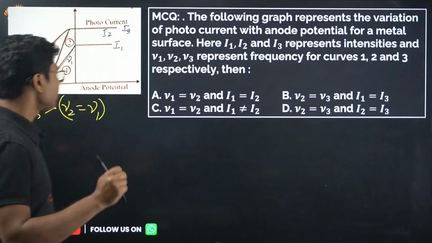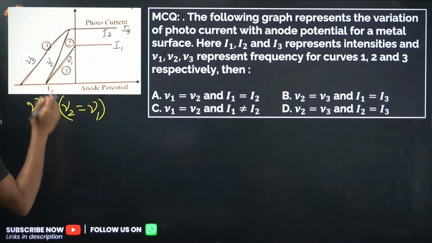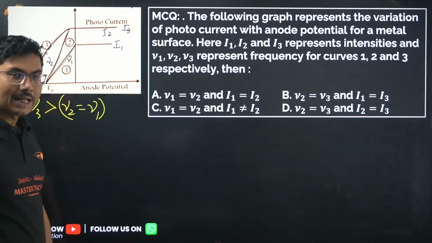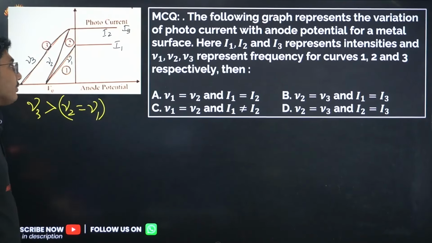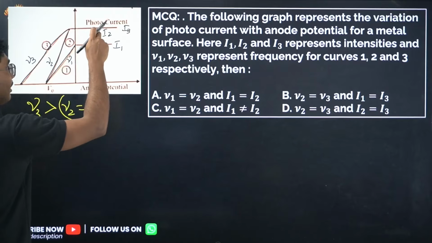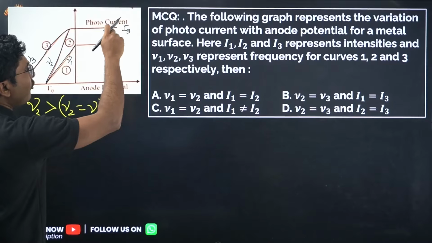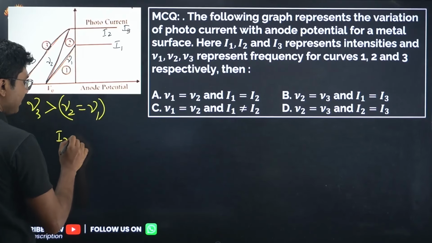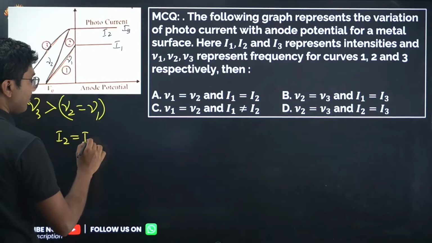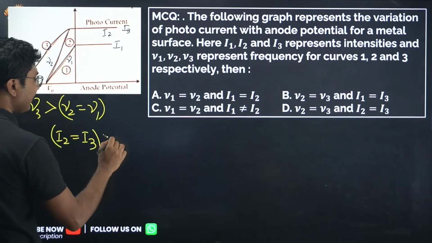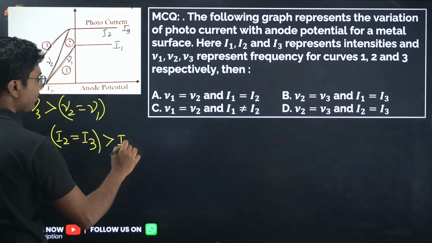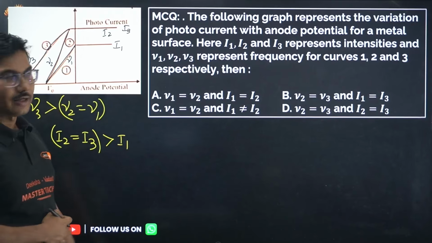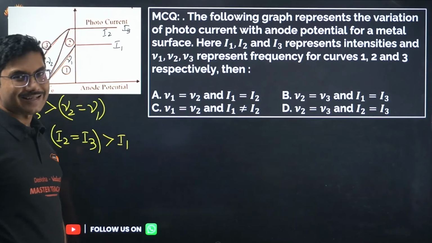The stopping potential is more for nu3, so nu3 must be the big brother. Now, photocurrent is the same for I2 and I3, which means the intensity must be the same. So I2 must be equal to I3, and both of them should be greater than I1, because the saturation current is less for I1.